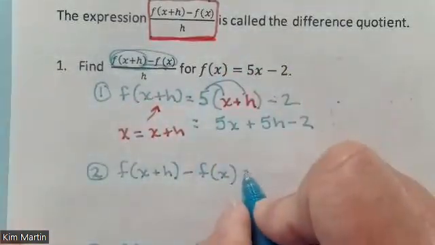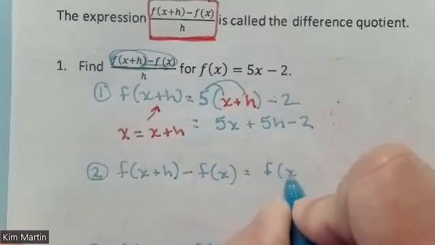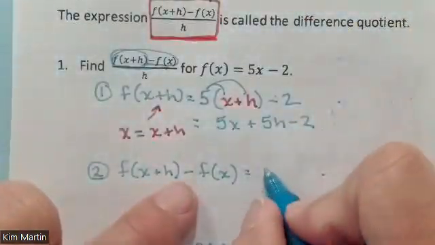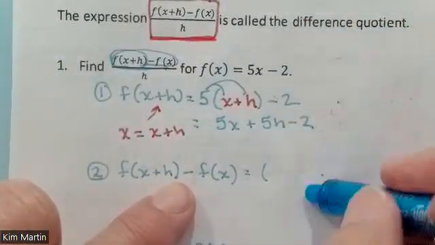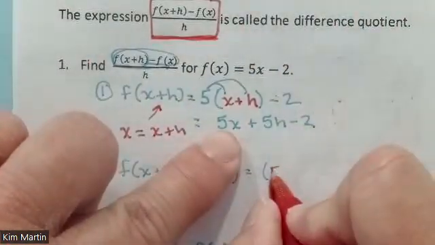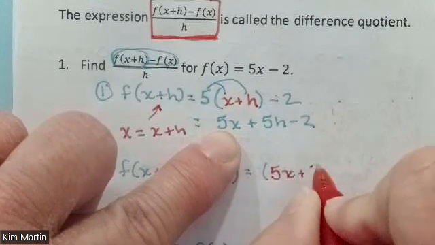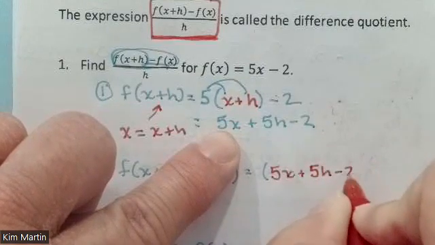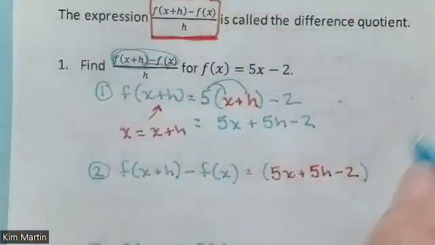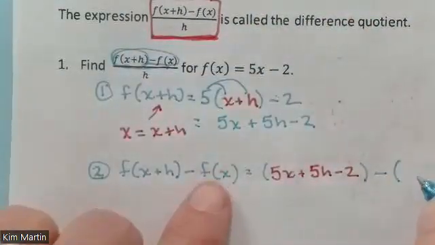So we are going to take our f of x plus h, which is 5x plus 5h minus 2, and you subtract the f of x.